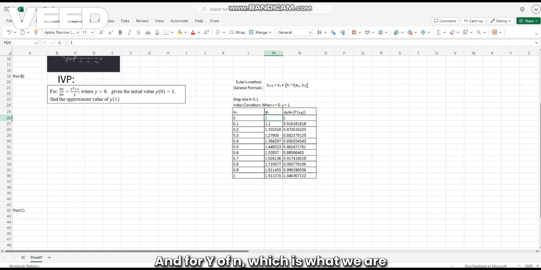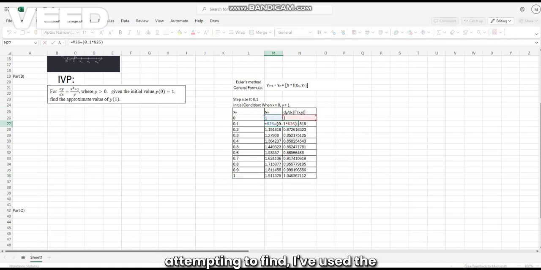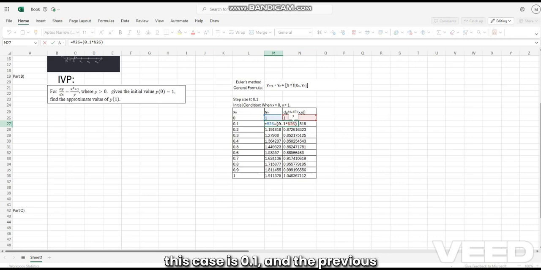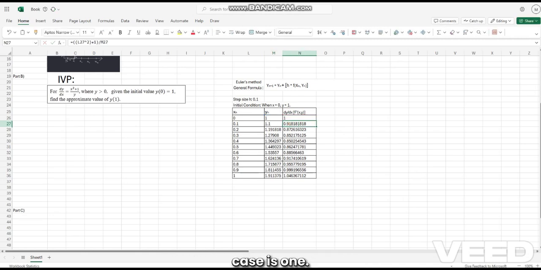And for y of n, which is what we are attempting to find, I've used the Euler's method formula, which is the previous y value added with the product of the step size, which in this case is 0.1, and the previous derivative value, which in this case is 1.